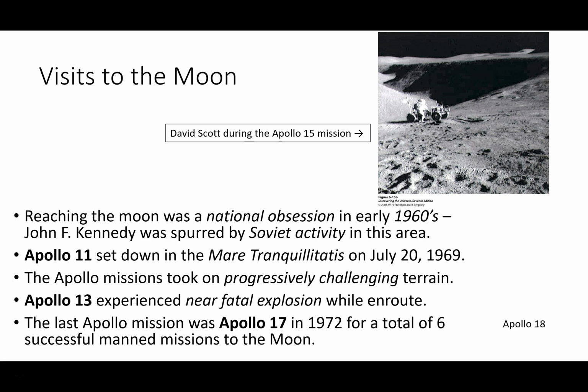In the case of the space shuttles, it was men and women, but they didn't all come home. So 11 we sat down, 1969. Total 6 successful manned missions to the moon. 17 was the last one.